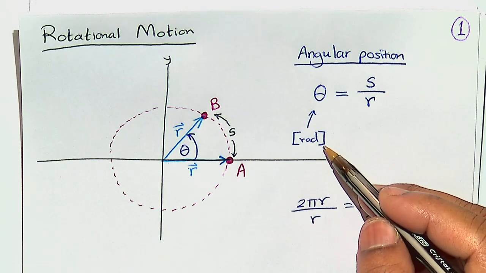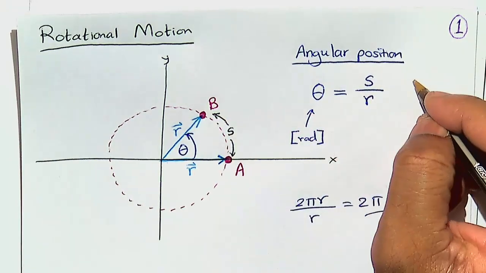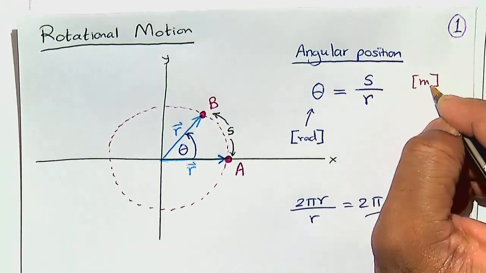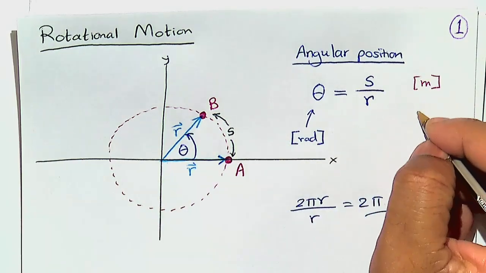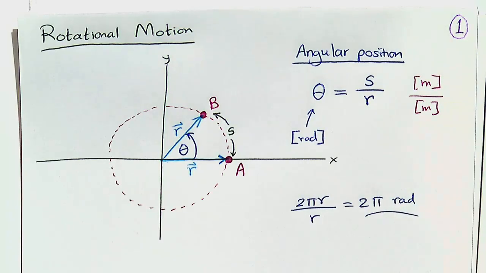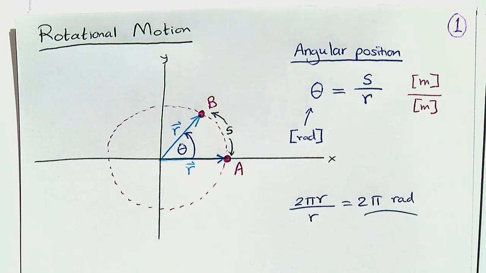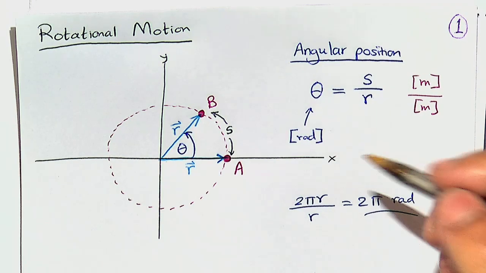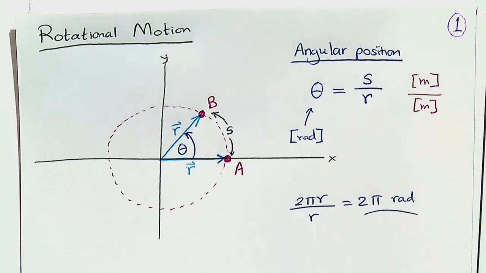And that hint comes from right here. If you think about the length, standard units for length is meters. Standard units for radius is also meters. So if you have meters divided by meters, you have no units here. So these cancel, and on the left-hand side, you're left with also a unitless entity. So your angle is unitless technically, but we don't want to confuse ourselves when we just say 2 pi.